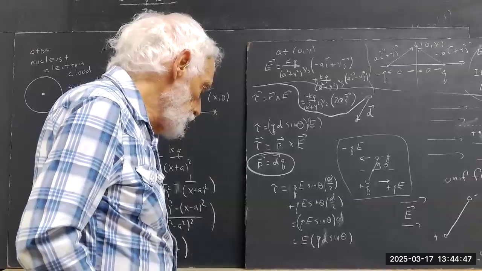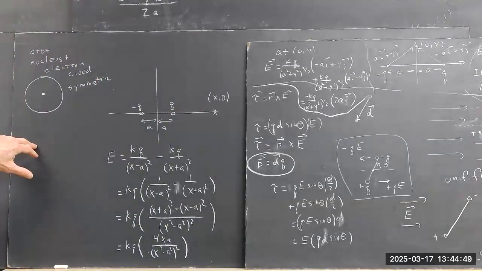And it's nice and symmetric so that anything outside of this atom is not seeing an electric field. Make sense?